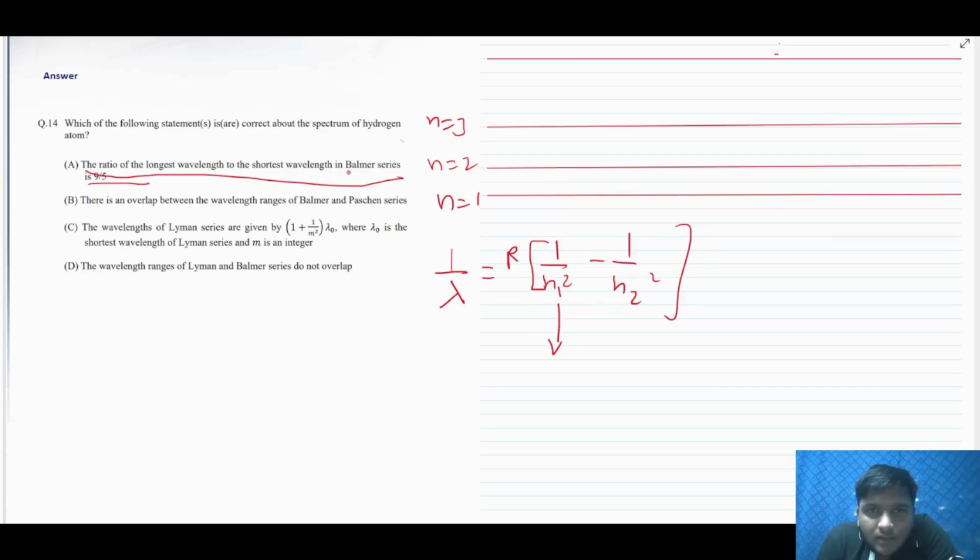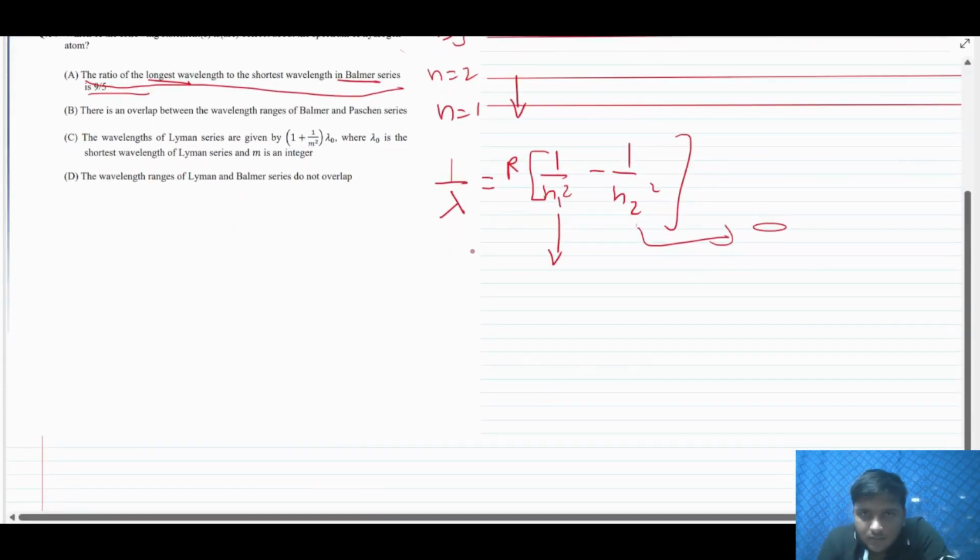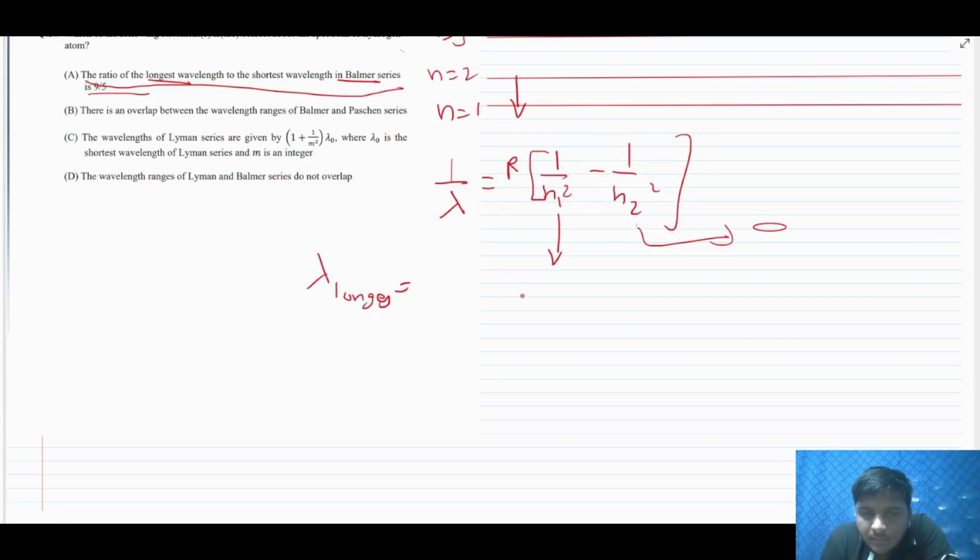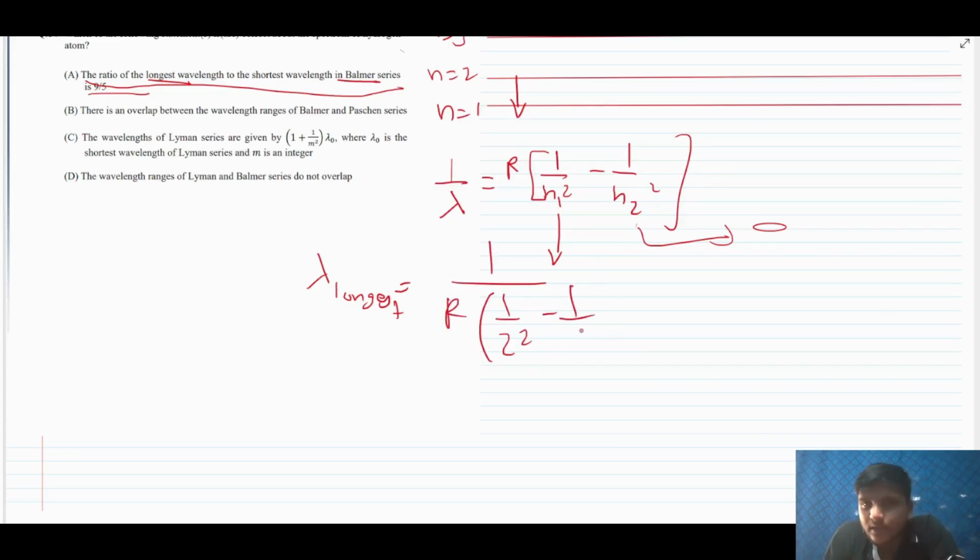We get the shortest wavelength in the Balmer series only when we put n2 as infinity. And we get the longest wavelength when the electron jumps from just one energy level above. So lambda longest will be equal to 1 by R times (1 by 2 square minus 1 by 3 square).